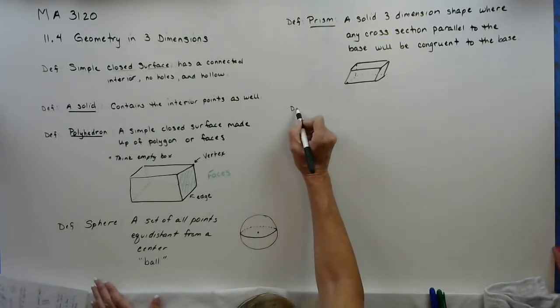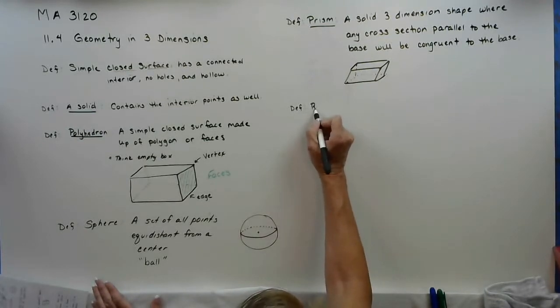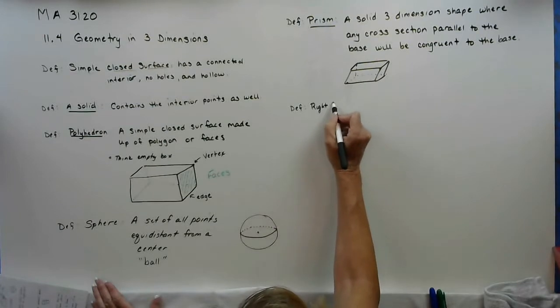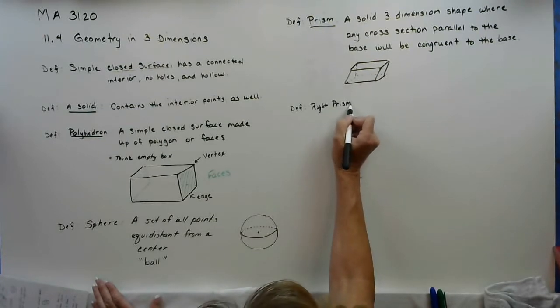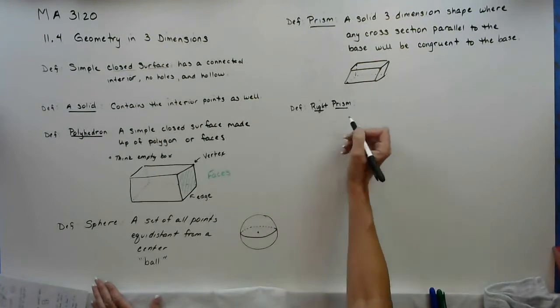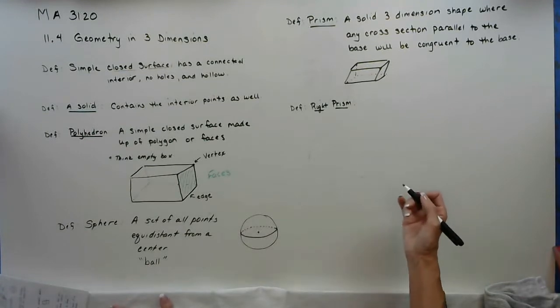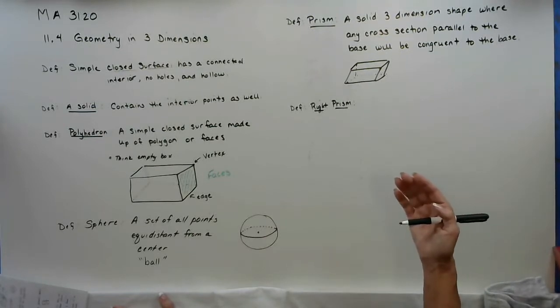A right prism means that all the bases are perpendicular to both the top and the bottom.